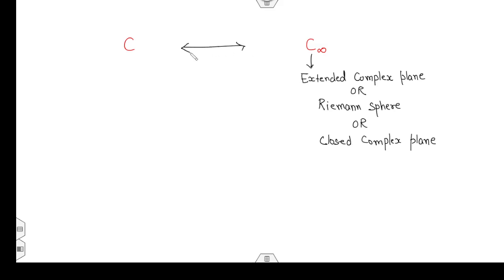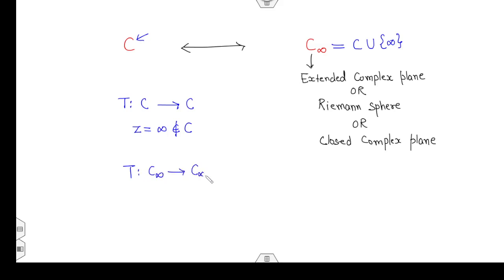There is a huge difference between them. C infinity is a collection of all those elements of C, including the point infinity. So if I define the mapping from C to C, then clearly z = infinity is not part of C. However, if I define the mapping from C infinity to C infinity, then we can say z = infinity is part of C infinity. That is the basic difference between them.